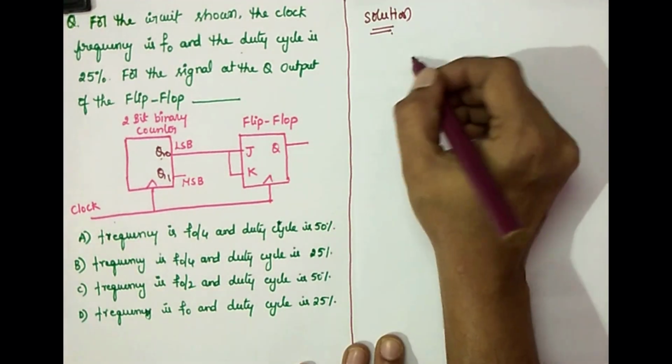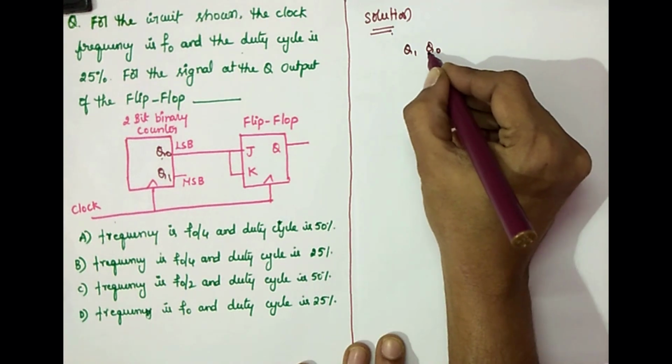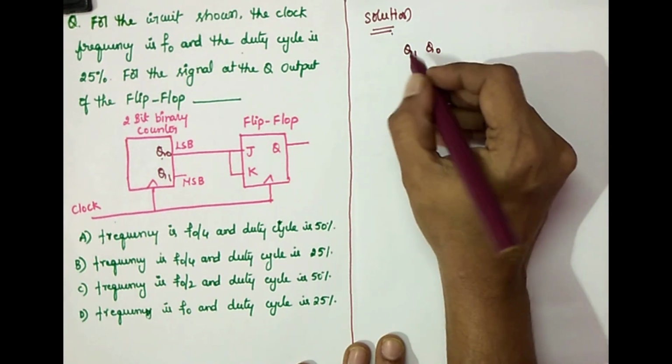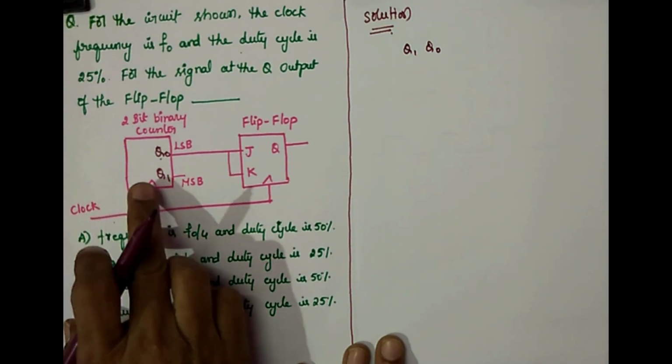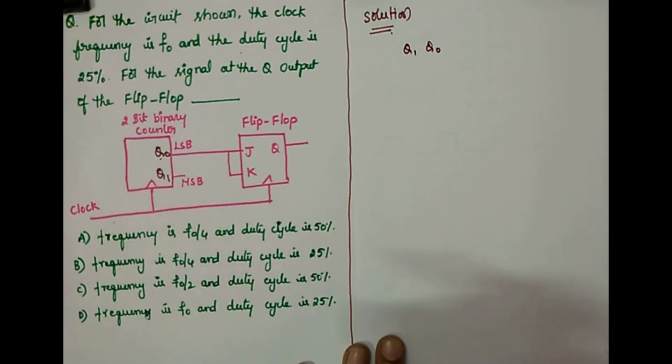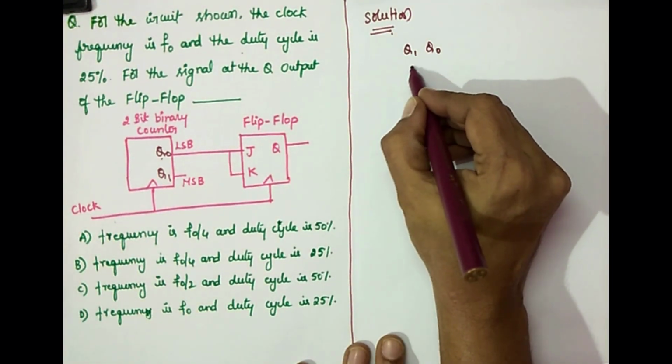Consider Q0 as LSB and Q1 as MSB. And here the same clock is applied for the counter and the flip-flop. Before the application of the clock, these two will be 0.